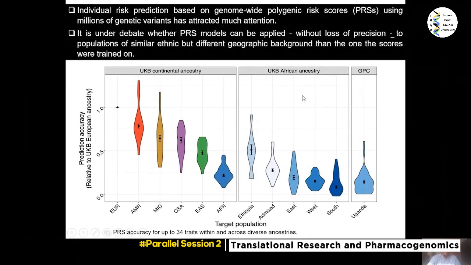So we looked in the UK Biobank at only African ancestry, and we see that there is this kind of decay or differentiation of predictive power within African populations.